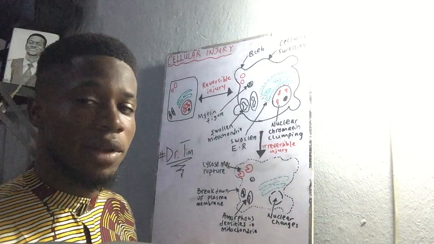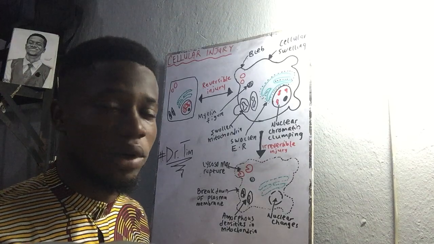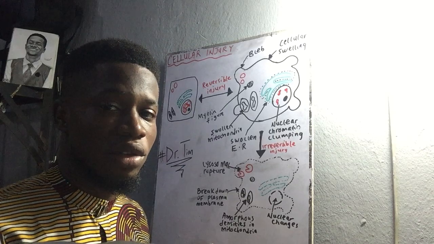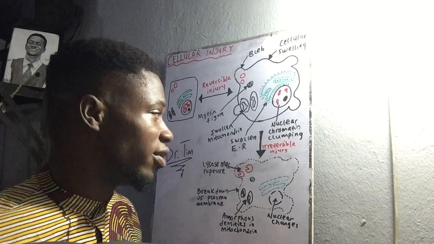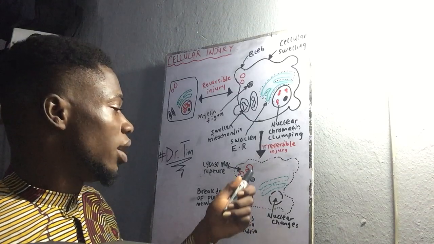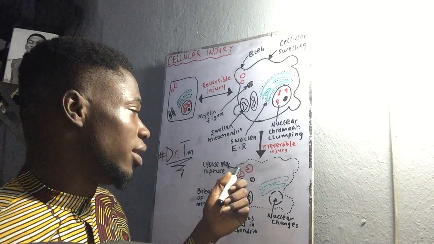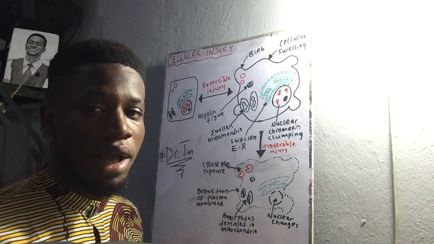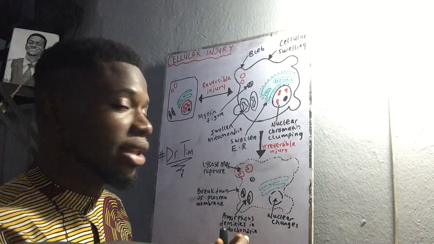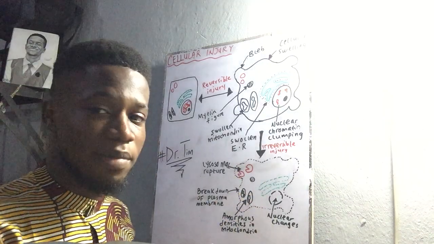All right, so assuming the stressor is not removed, or whatever is causing cellular injury is still in place, the cell can actually go into an irreversible stage of cellular injury, what I'm indicating with this arrow. At this stage, the first thing you see is that the lysosomes will rupture, and lysosomes contain lysozymes that can degrade the cell organelles, their membranes, and the general cell plasma membrane as well.